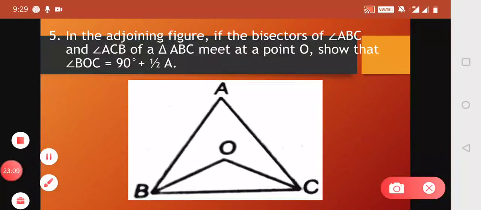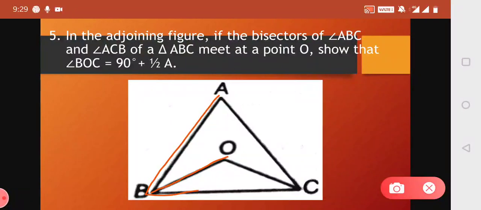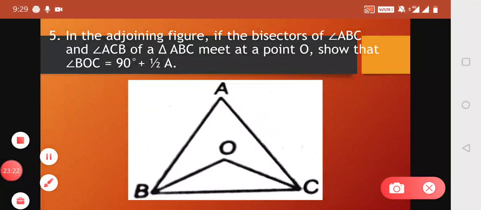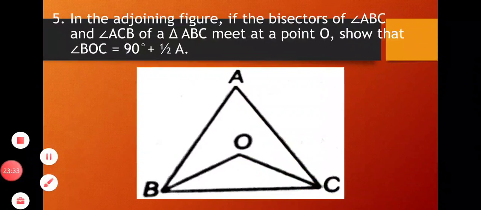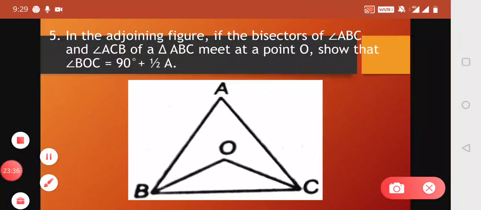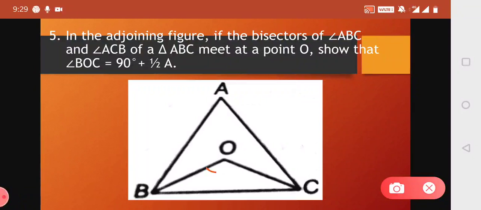It is given that OB is the bisector of angle ABC. Similarly, OC is the bisector of angle ACB of triangle ABC. We have to prove that this angle BOC is equal to 90 degree plus half angle A.